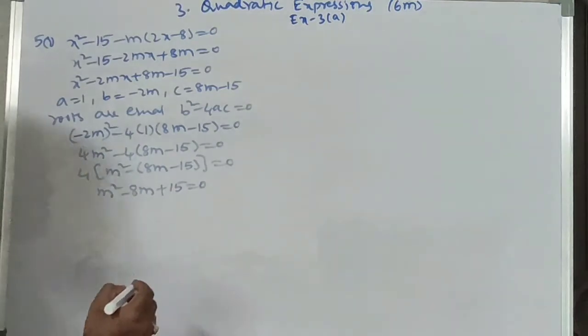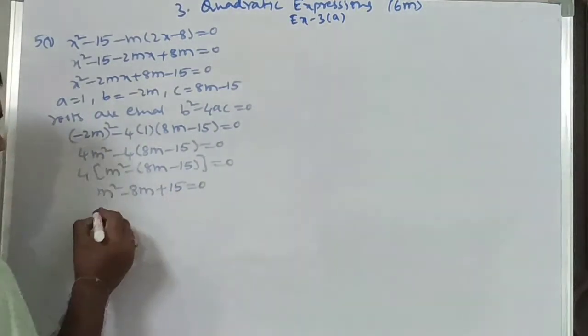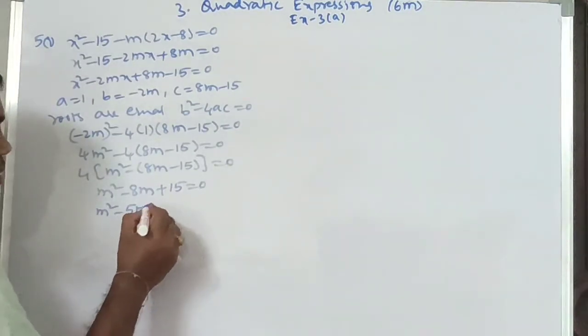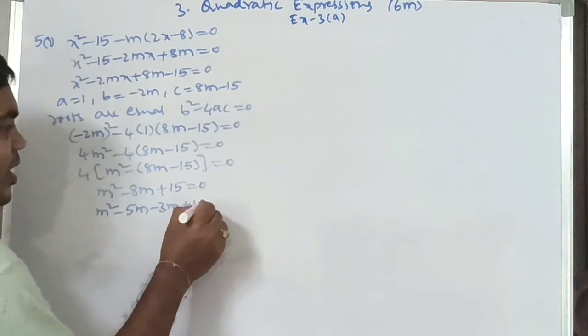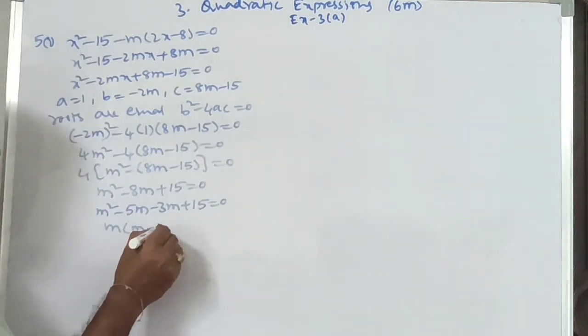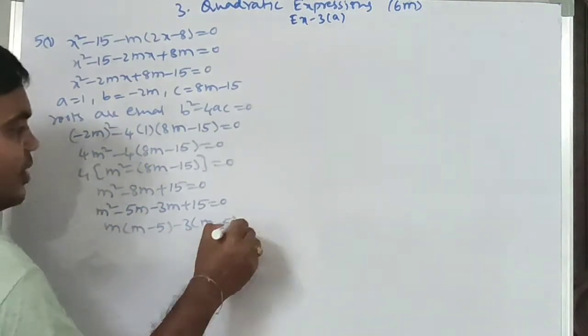So now I want to factorize 15, 5 into 3 is 15, 5 plus 3 is 8. m square minus 5m minus 3m plus 15 equal to 0. So in these two terms m common, m minus 5, in these two terms minus 3 common, m minus 5.